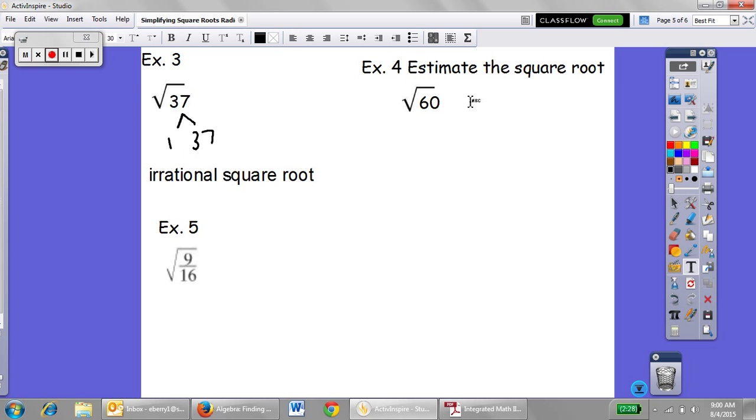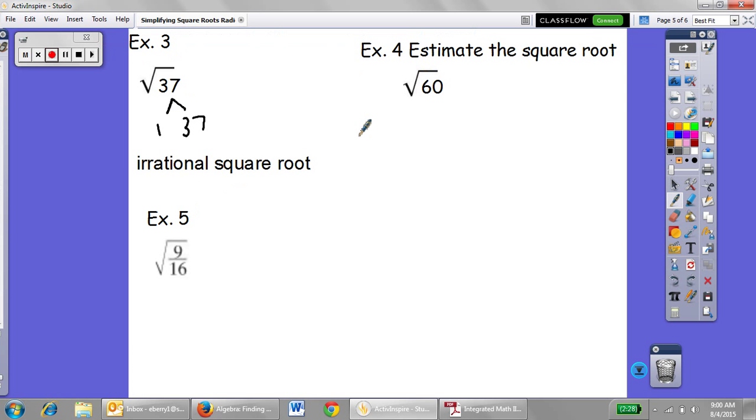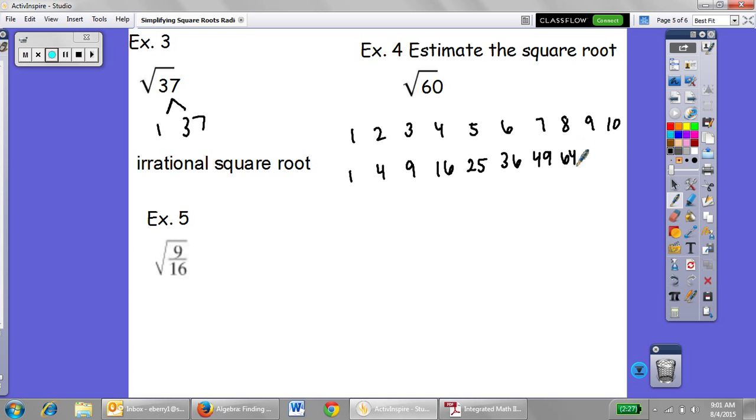Example 4 says to estimate the square root of 60. So we can think here, I'm just going to do this a really simple way. So I'm going to list out numbers. And underneath them, I'm going to square them. So 1 times 1 is 1, 2 times 2 is 4, 3 times 3 is 9, and so on up to 100.